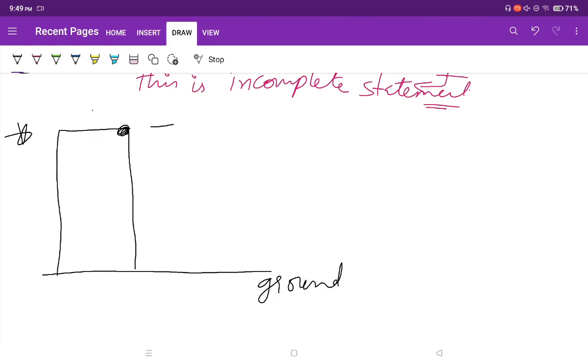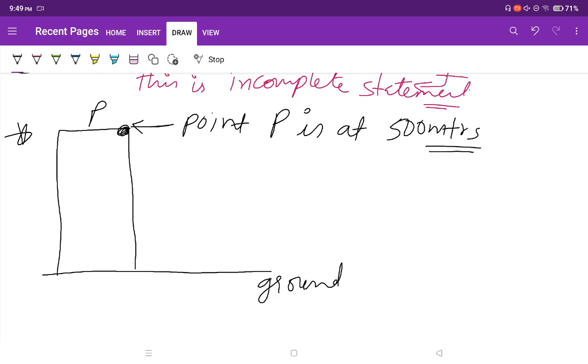I have a point here, say P. Now I say that point P is at 500 meters, or I say that point P is 500 meters high. Now again, is it a complete sentence? No. Again, no.